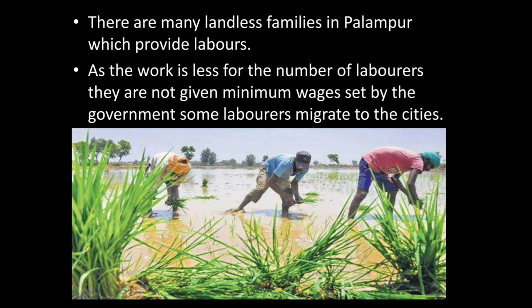The government of India fixed a wage rate for them in order to protect them from exploitation. But most of the time in rural areas there is a lack of supervision, and because of that many laborers do not even get the government fixed rate. They get less wage than the government decided wage rate.